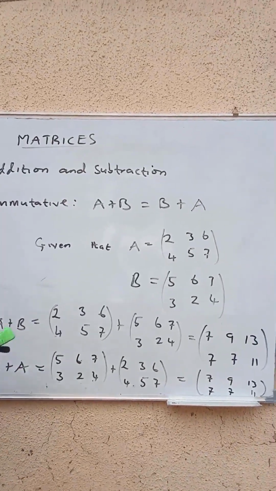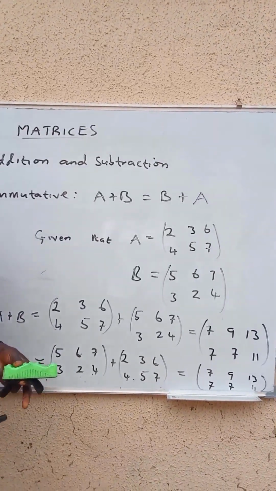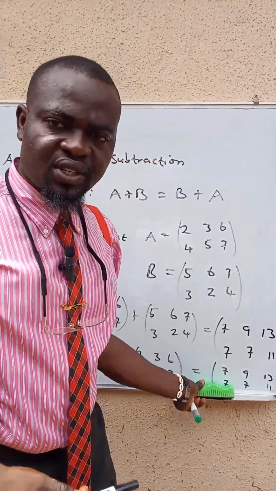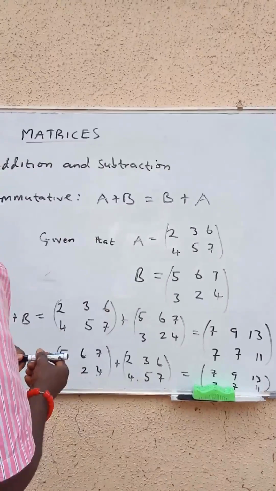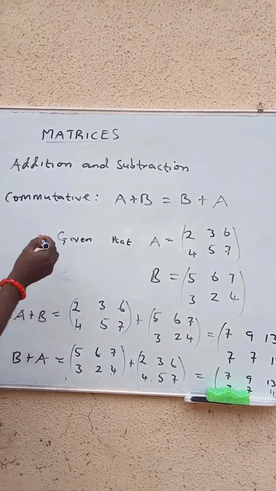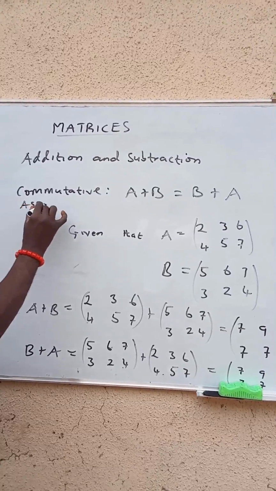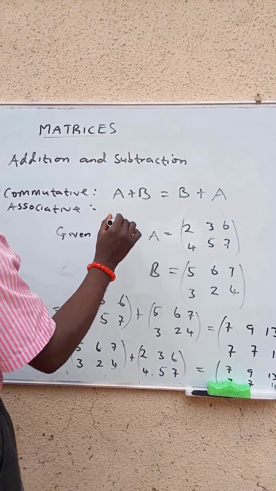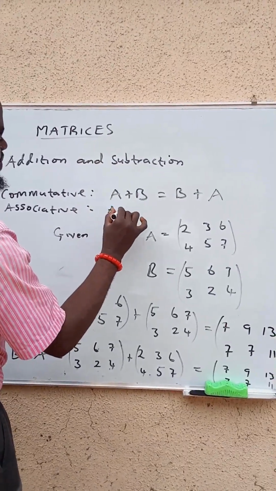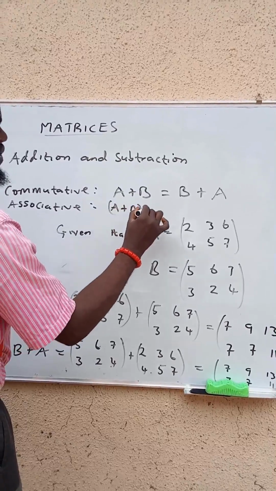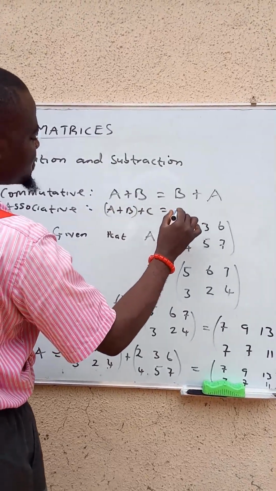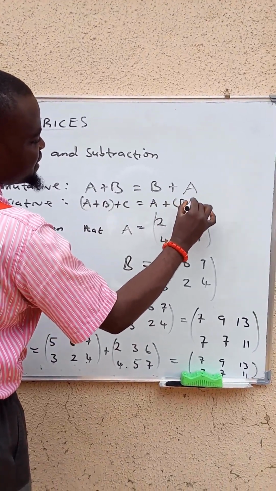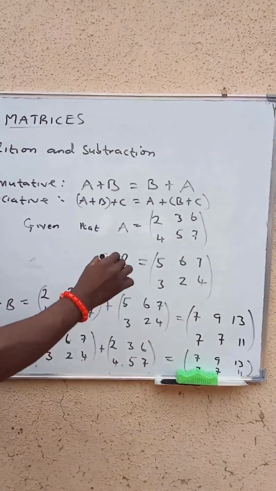It is also associative, but you are going to prove that yourself. That is, addition of matrices is also associative. What they meant is A plus B plus C is the same thing as A plus B plus C, grouped differently.